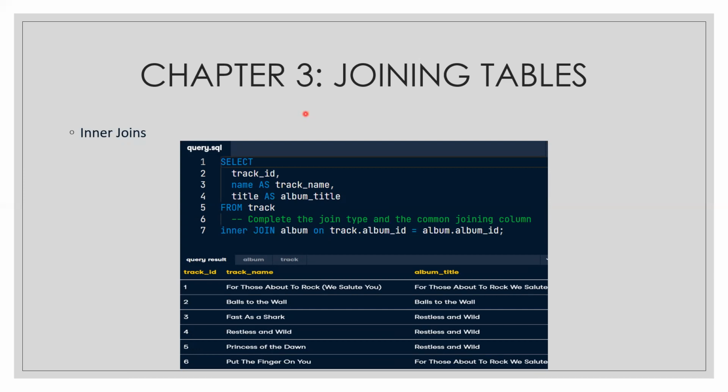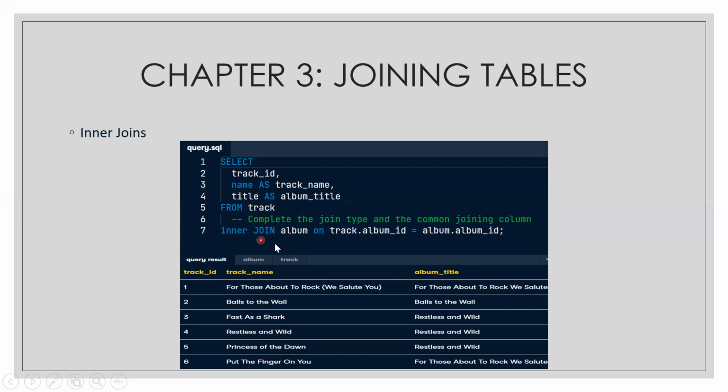So basically, an inner join. The inner join keyword selects all rows from both tables as long as there is a match between the columns. So an inner join returns all the rows that are matched in both the columns. So in this query, we will select the track ID, aliasing as track name, and title as album title from the track table.